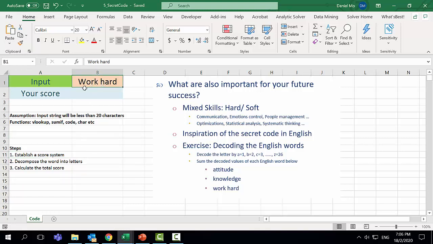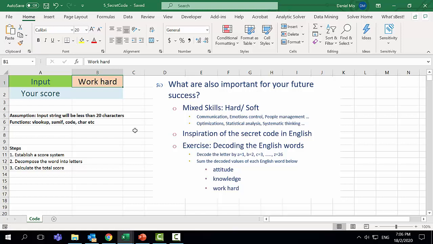For the word heart, how many letters do we have? We have 1, 2, 3, 4, 5, 6, 7, 8. We have 8 letters. Then based on these letters, we can go for step 3, which is to calculate the total score. So now let's try to demonstrate each step.